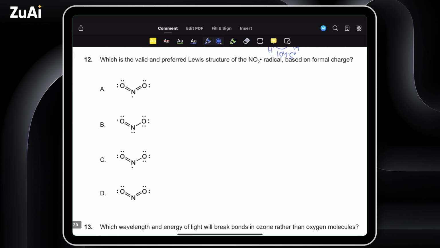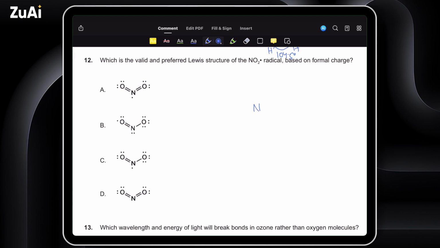What is the valid preferred Lewis structure of NO2? You know what? You have to see the structure first. The Lewis structure. Now you have to make a double bond between nitrogen and then, you know what, it has one unpaired electron.